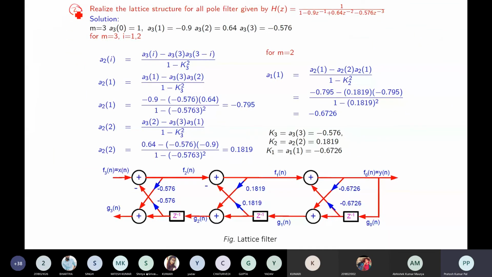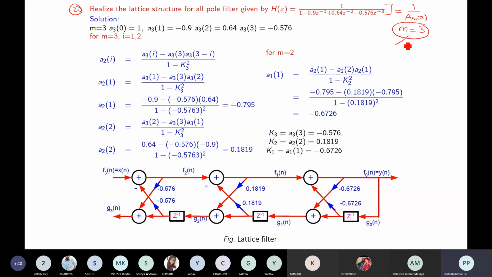Similarly, we will see the second question. It is a similar question. Here we can realize the same system by using the lattice. So it equals 1 by A m of z, and here m equals the highest power, which is 3, that means the order will be 3.